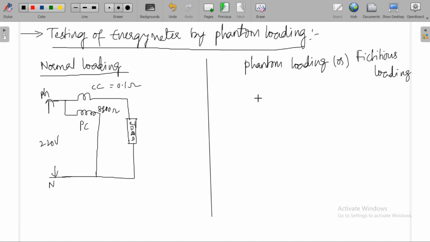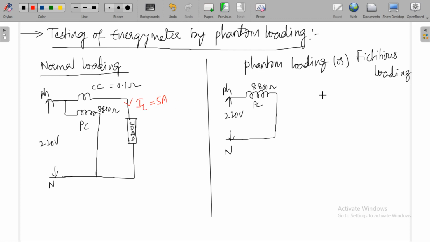Here the pressure coil is excited by applying the nominal voltage, that is 220 volts, phase neutral. It has a resistance of 8800 ohms. Now let the load current IL be equal to 5 amps.